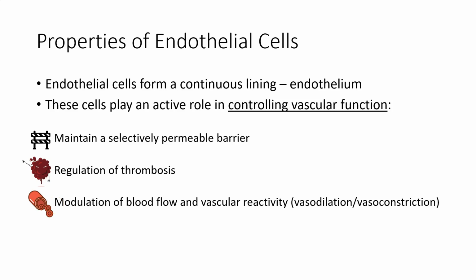And endothelial cells modulate our blood flow and our vascular reactivity. So they send signals that promote vasodilation, such as nitric oxide, or it may promote vasoconstriction. Endothelial cells also regulate growth of our smooth muscle cells.